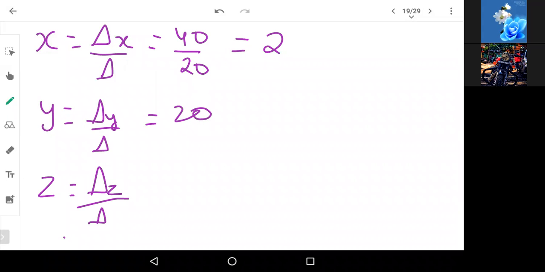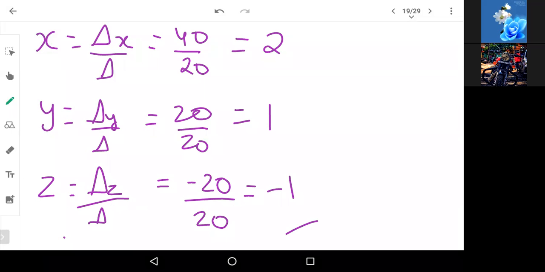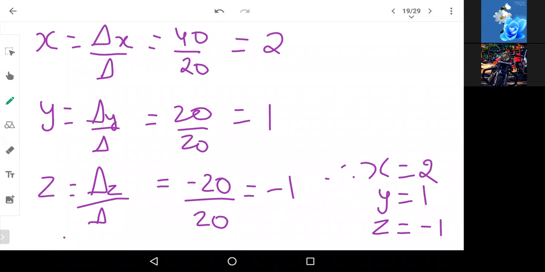Delta y is 20 by 20, which is 1. And delta z is −20 by 20, which is −1. So finally, therefore, x is equal to 2, y is equal to 1, z is equal to −1. Everybody understood? Anybody has doubt? Cramer's rule?